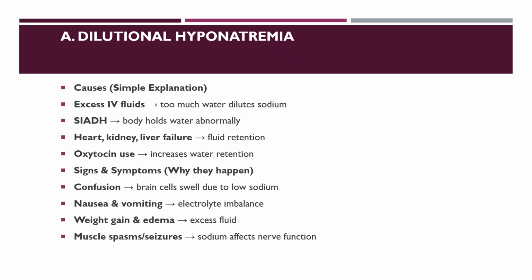But in a condition where these hormones are oversecreted abnormally, it will lead to absorption of more water into blood uncontrollably, leading to dilution of the sodium level in blood, which will lead to hyponatremia. We also have heart, kidney, and liver failure. All these conditions will lead to fluid retention, and that will dilute the amount of sodium in blood. As well, we have oxytocin use, which also increases water retention.